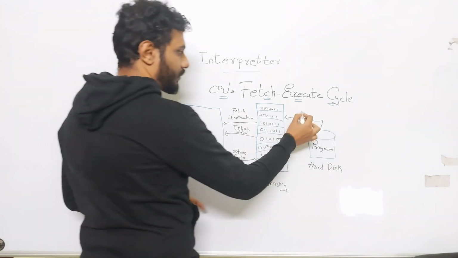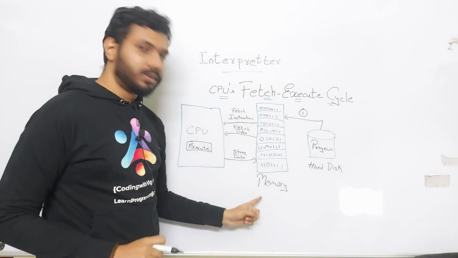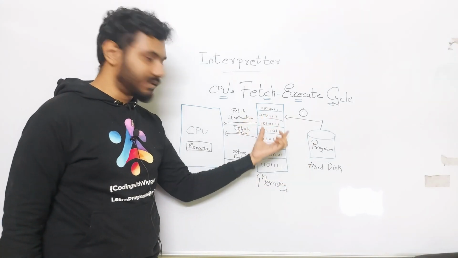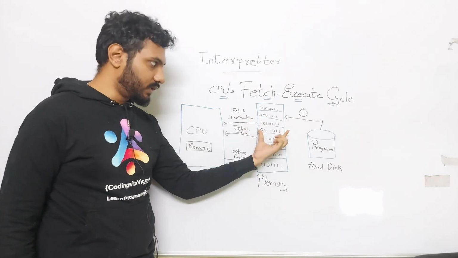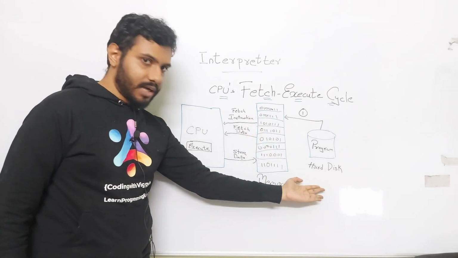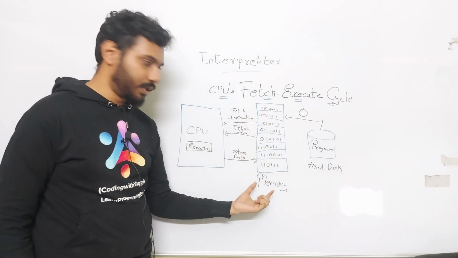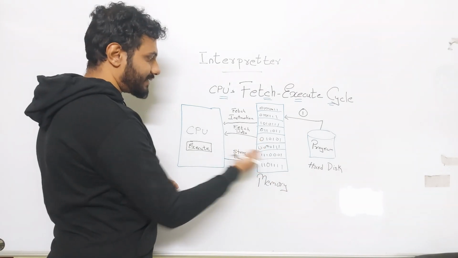It is given to the memory as machine code, which is a set of instructions in binary format, that is zeros and ones. So the program is given to the memory in the form of zeros and ones.